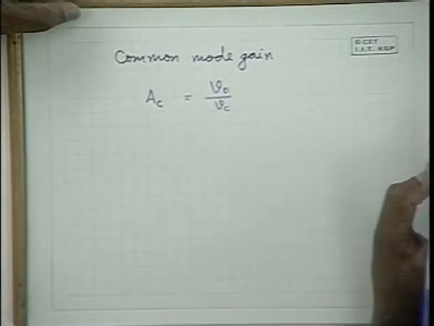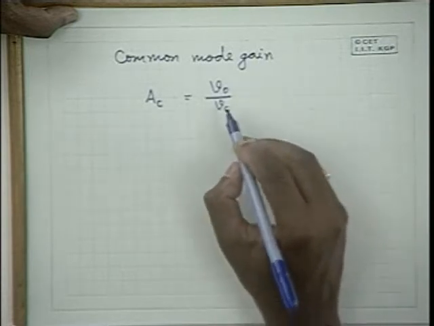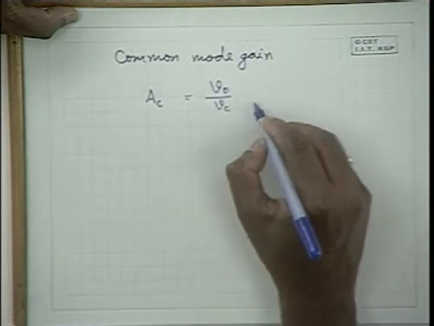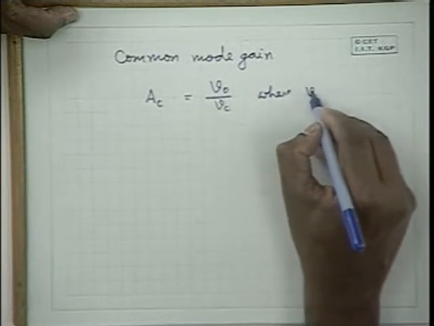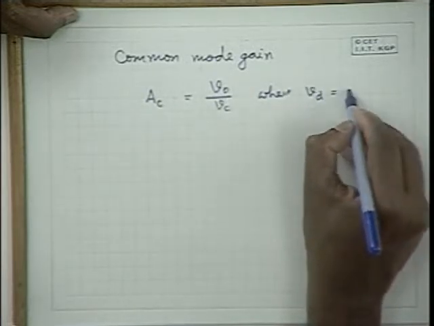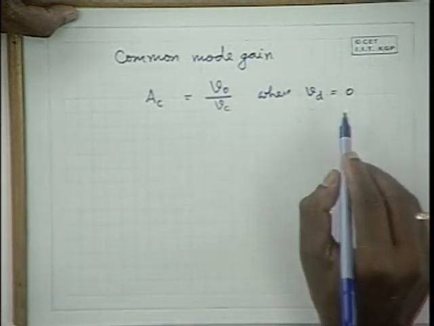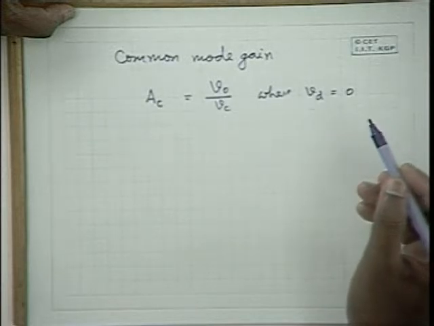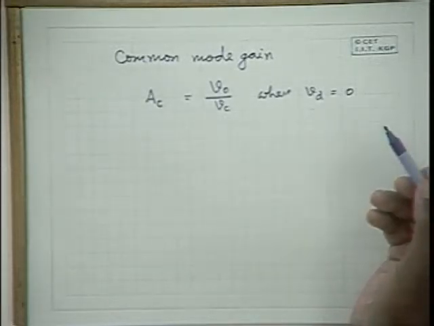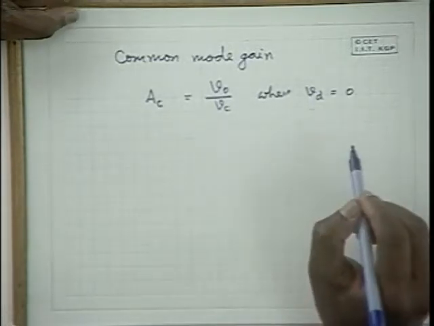AC is equal to V naught by Vc, where V naught is the output and Vc is the common mode signal when the differential signal is 0, because then the output has only the common mode signal. So, output divided by the input common mode signal is equal to the common mode gain.